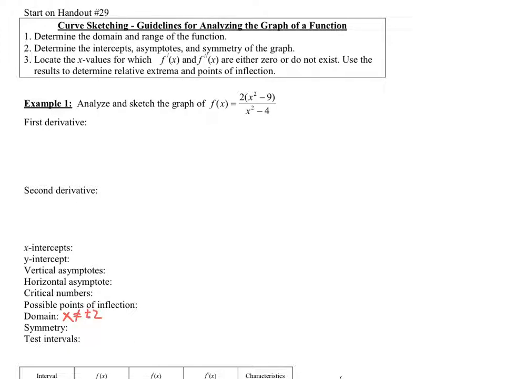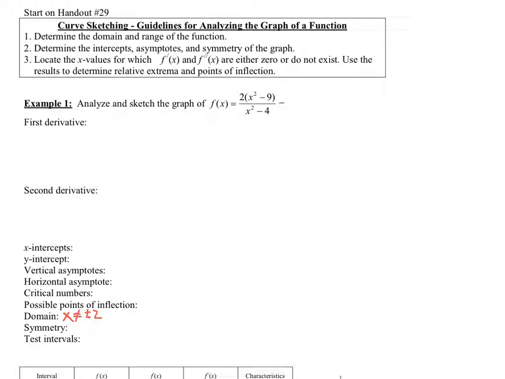Now that means I either have holes there or asymptotes. As you look at the numerator, what are those actually going to be? Asymptotes. Okay, why? Because you can't really cancel anything out.